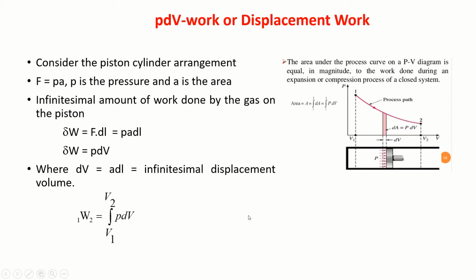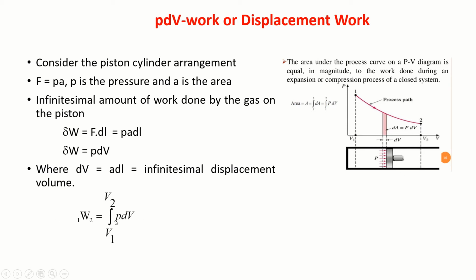I'll get a number of such PdVs, but there are an infinite number of such PdVs. So that is why I'm using the integral symbol. This is from initial volume to final volume when I move the piston, V1 to V2, and P is the pressure and dV. This is the infinitesimal small work done. When I integrate, I'll get the work done when I move the piston from point 1 to point 2.